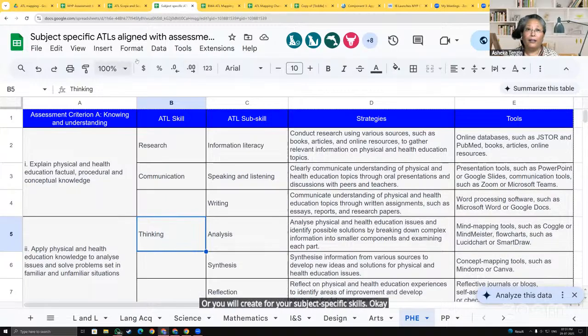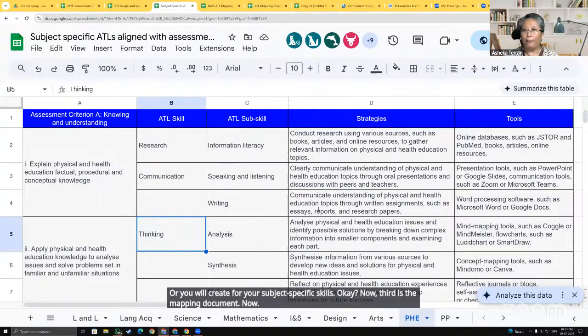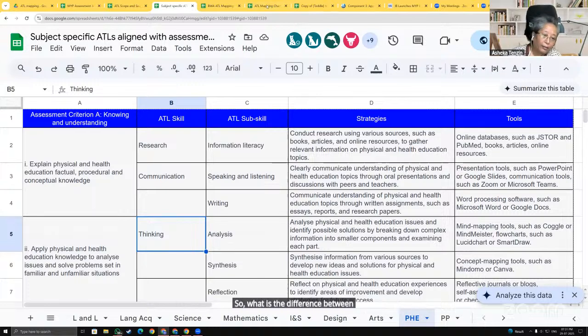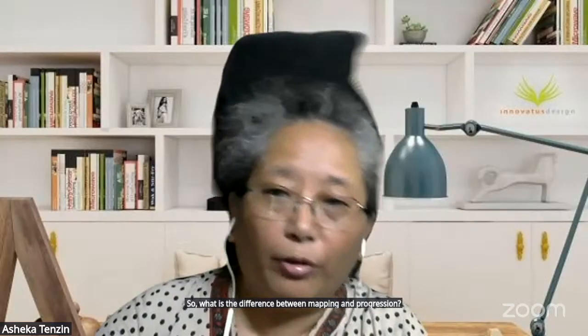Okay, now third is the mapping document. Now, how do you map? So what is the difference between mapping and progression? Okay, progression is to see how the skills are taught right from KG to MYP to DP. Okay, how the skills will look. Now, different subject teachers will teach different skills, right?